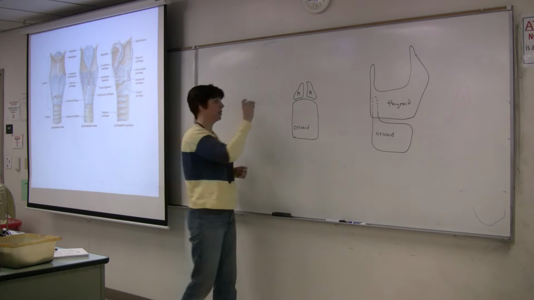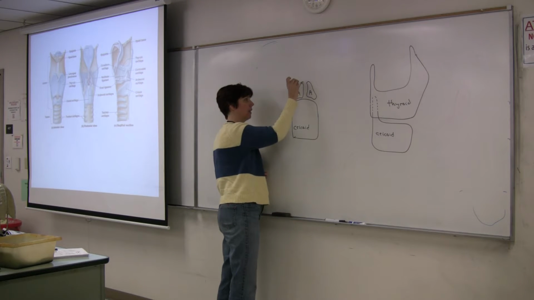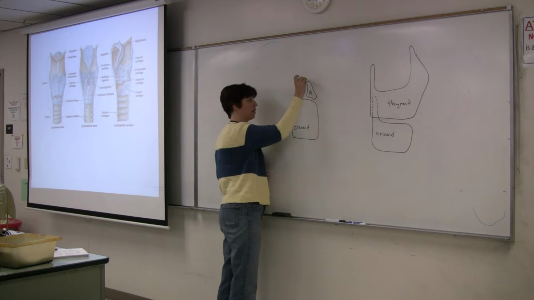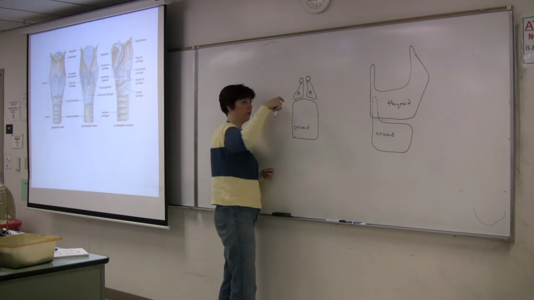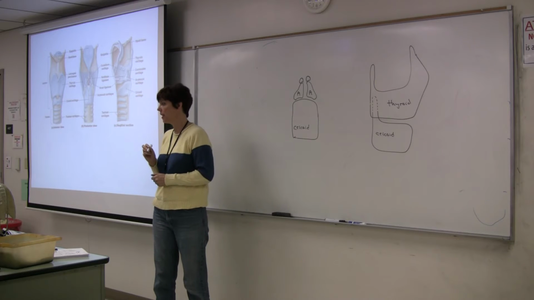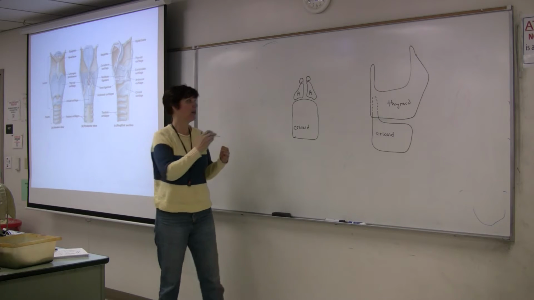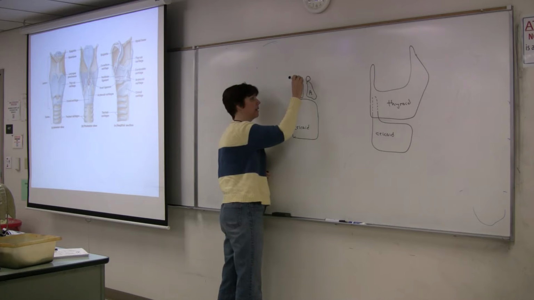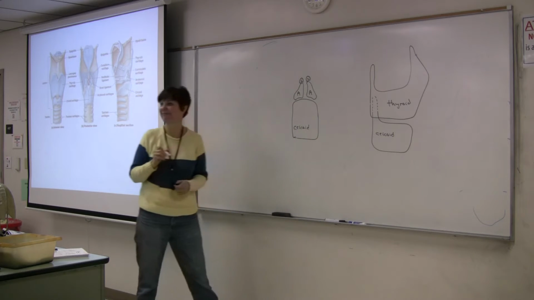And then we have a pair of smaller ones. Why these are separate ones, I'm not sure, except that that's how they develop. They kind of form more like a hook. And these are the corniculate. I always remembered that because they look like little kernels of corn.